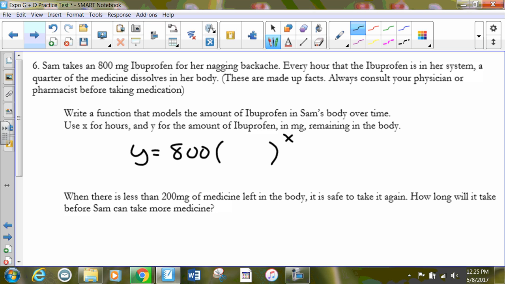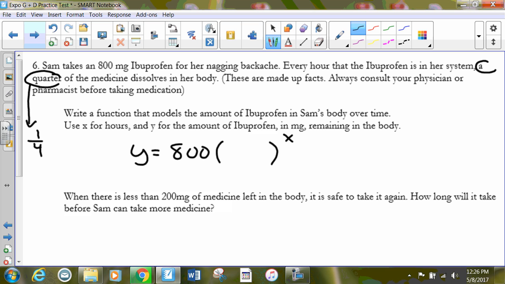And so I see that it's a quarter of the medicine. So when they give us a fraction, a decimal, or a percent, we need to stop and go, all right, what is a quarter as a fraction? It is 1/4. But that's our rate.